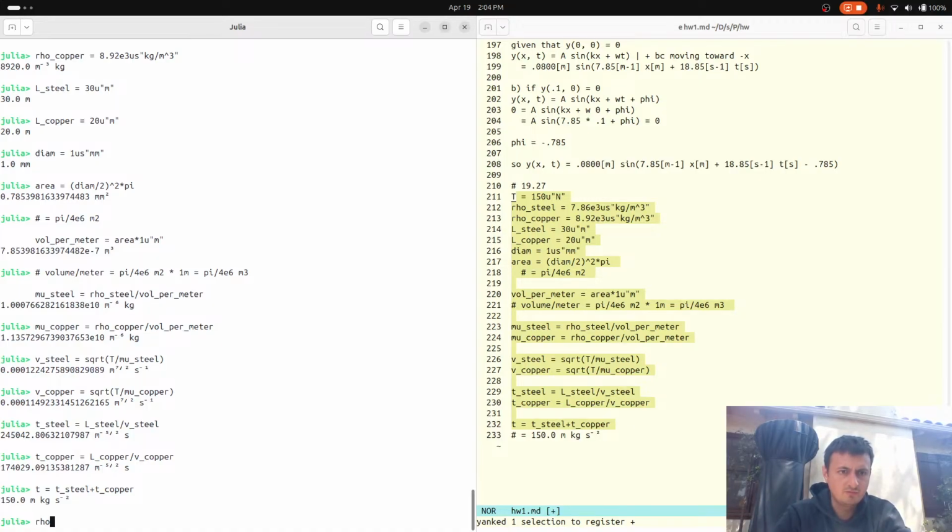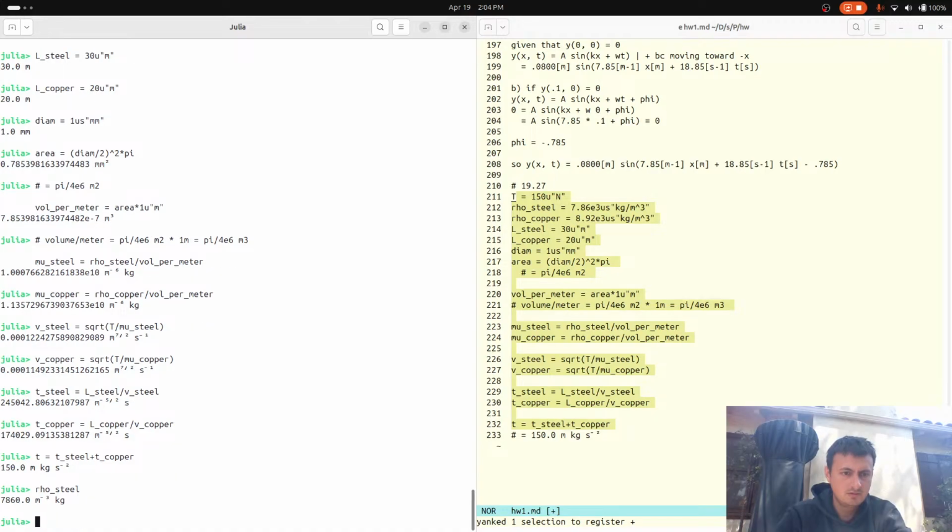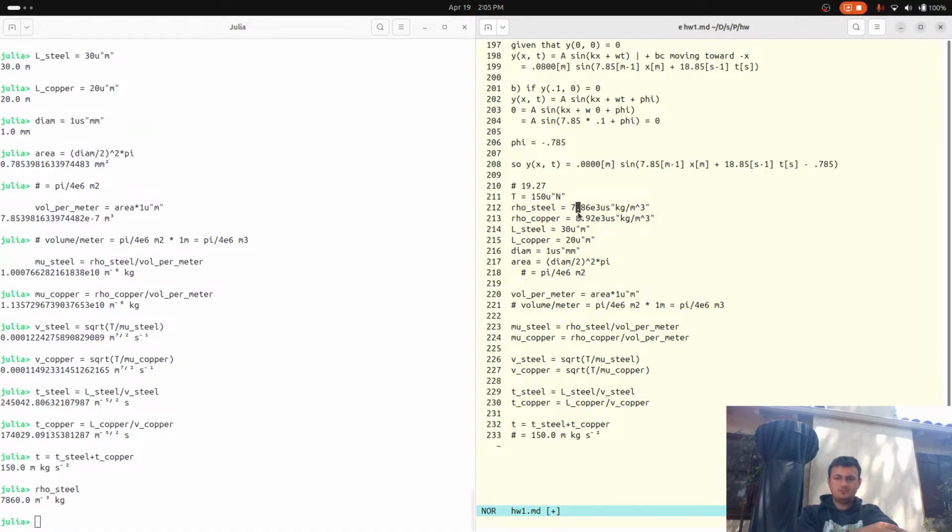Wait, what happened? Wait, rho steel. Oh, because this is supposed to be in kilograms per meter.